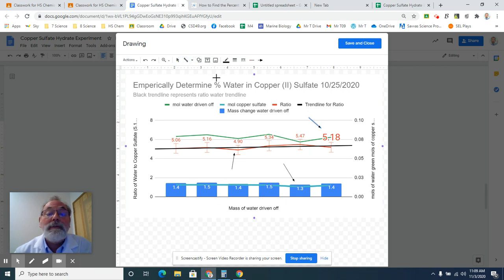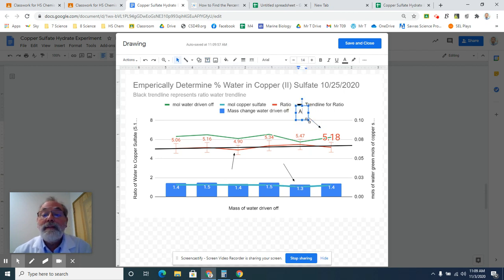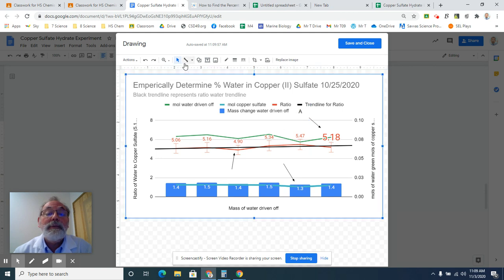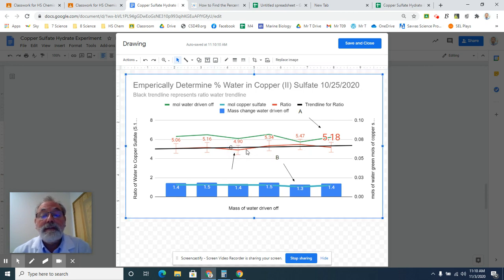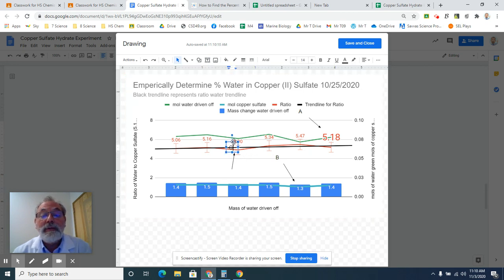Now that arrow, if you want to get good, you'd put a little capital letter A in another box, capital letter B, box, capital letter C. Maybe move that one over a little bit over here somewhere.